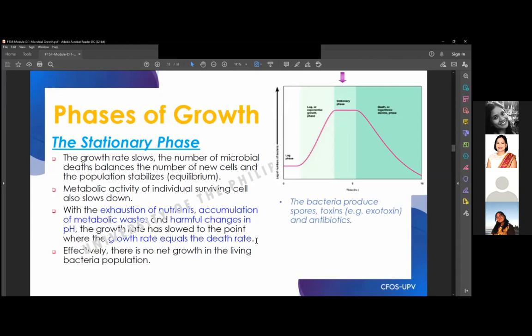It is because at this stage, some microorganisms or bacteria are already producing their spores and toxins. Ayan. So pag nag-produce na sila ng spores, it's going to be difficult na to attack with antibiotics. Ayun. So with an exhaustion of nutrients, accumulation of metabolic waste, and harmful changes in pH, the growth rate has slowed to the point where the growth rate equals the death rate. Okay.